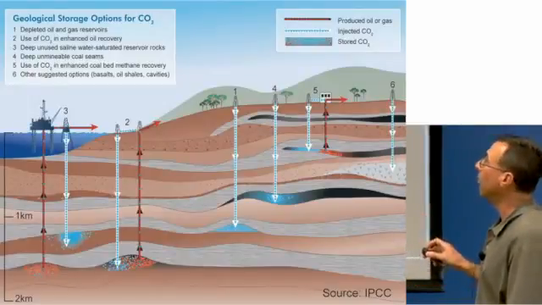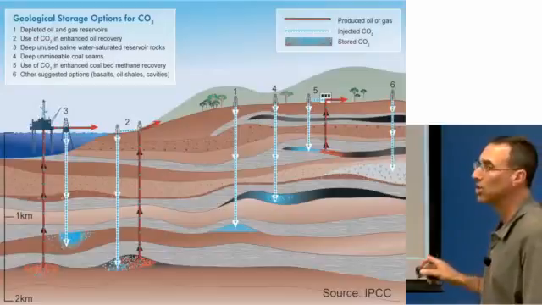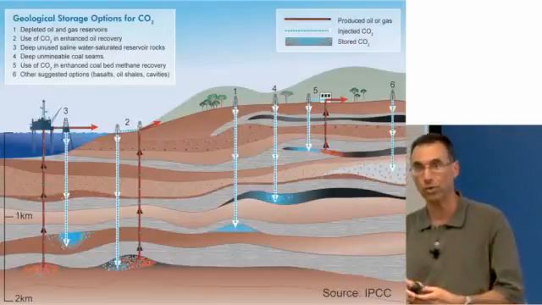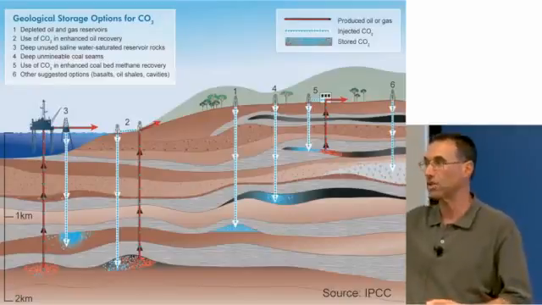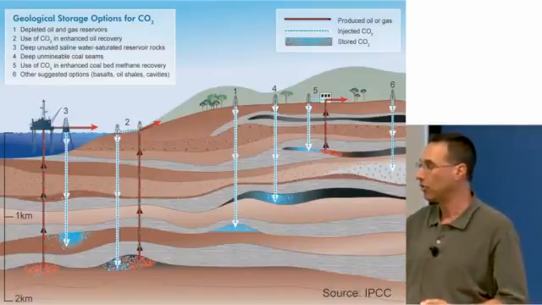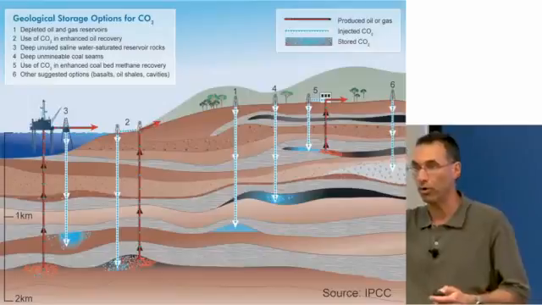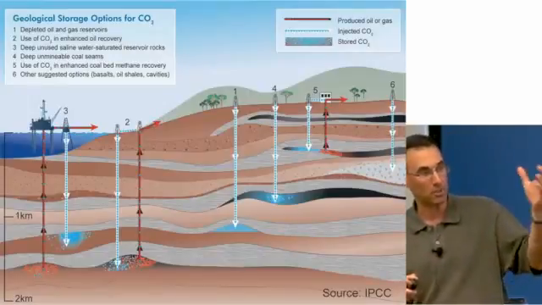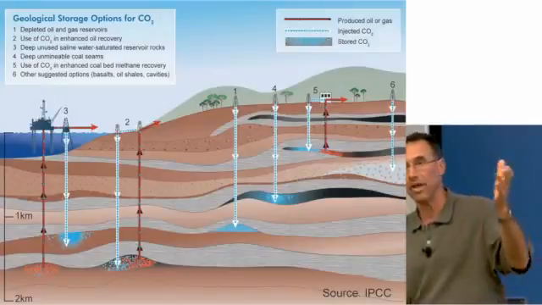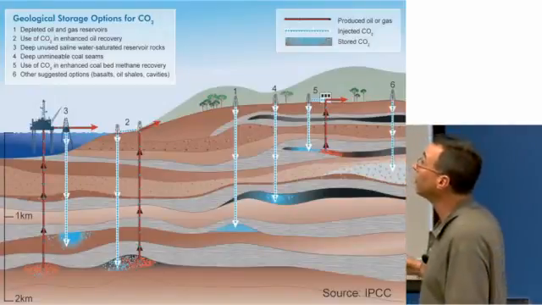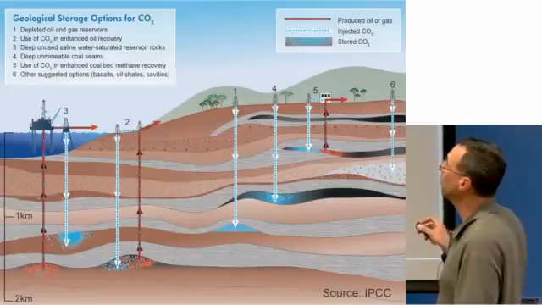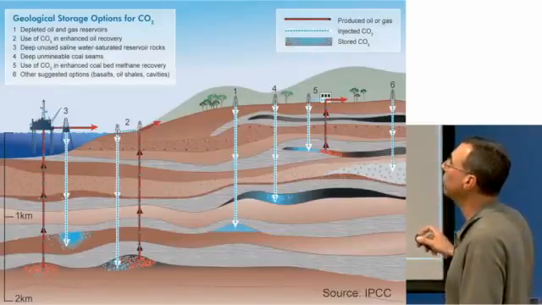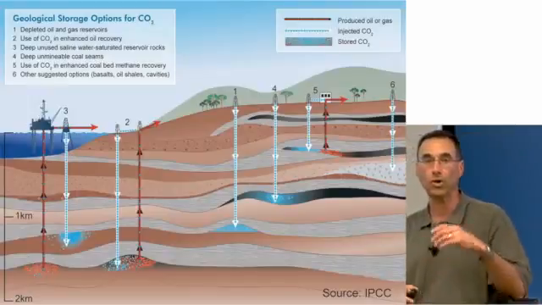Another one, also very attractive, is to use the CO2 for enhanced oil recovery. EOR, or enhanced oil recovery, entails injection of something other than water into the in situ oil in order to facilitate production. CO2 works very well for that. So some of the CO2 that's captured could then be used for EOR. And the third one, and this is the one where there are really big targets around the United States, is deep unused saline water saturated rock.